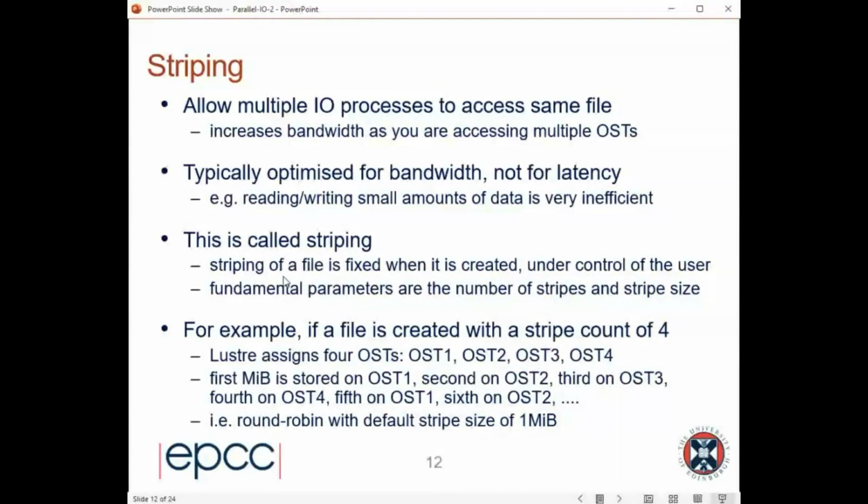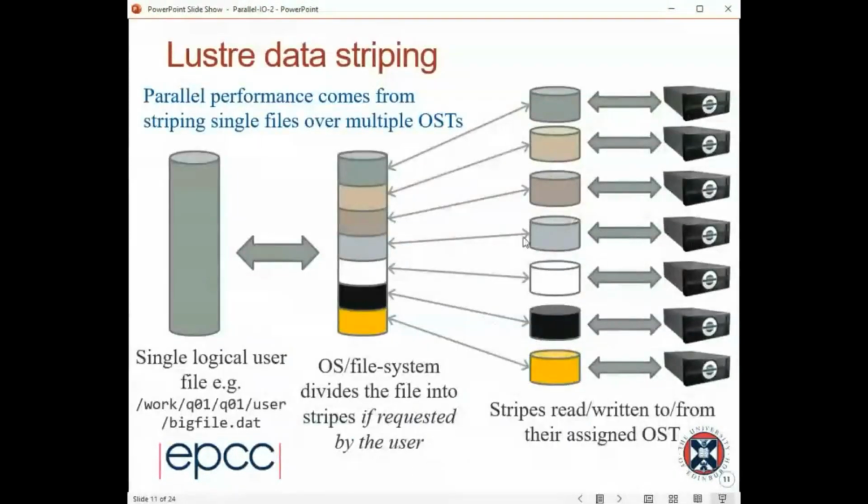This is called striping. Striping is fixed when a file is created. That's under the control of the user. The fundamental parameters are the number of stripes and the stripe size. If a file was striped in the way that this diagram illustrates, where the file was split into contiguous blocks, that's not going to help.